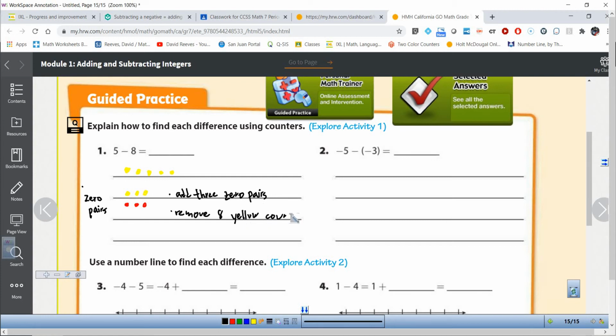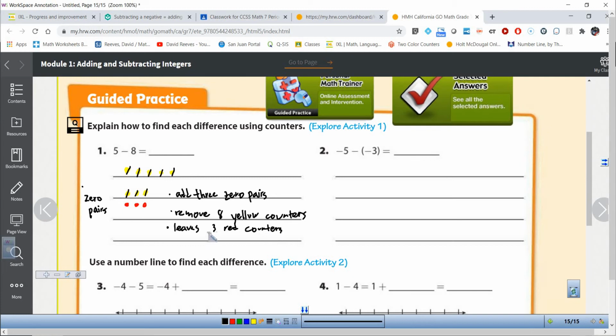And when I remove 8 yellow counters, because I have 5 take away 8, right? So I'm going to go 1, 2, 3, 4, 5, 6, 7, 8, right? What does that do? That leaves 3 red counters.